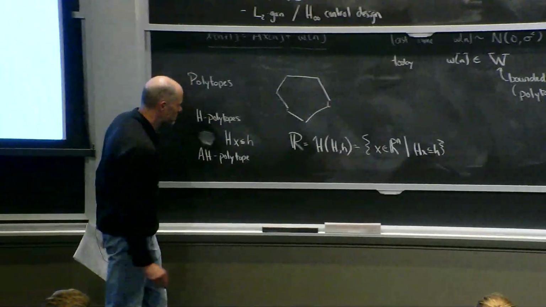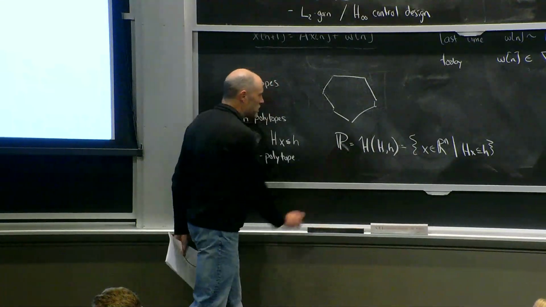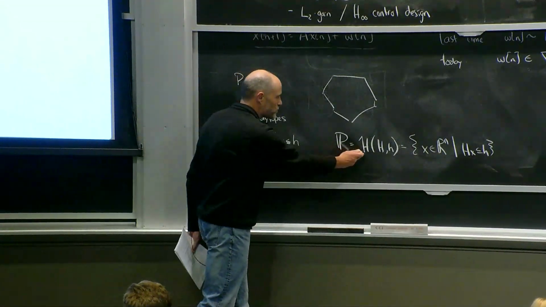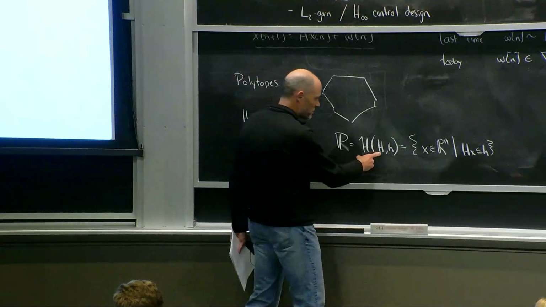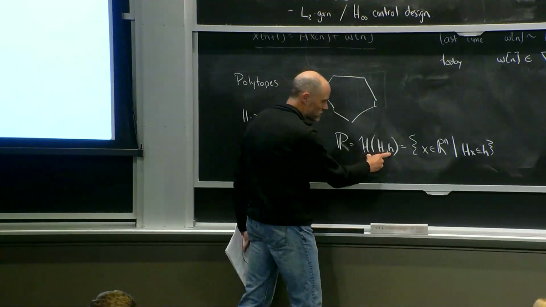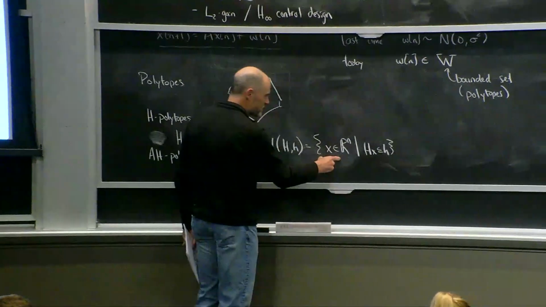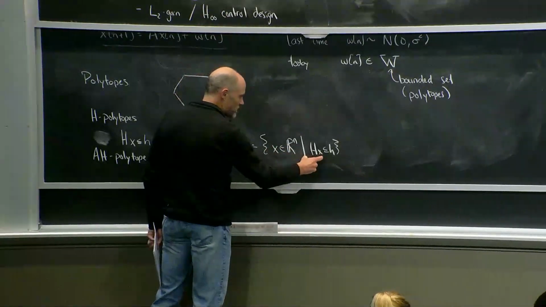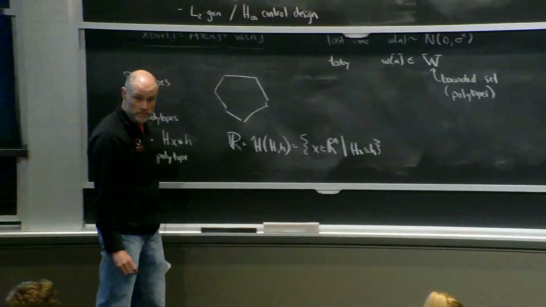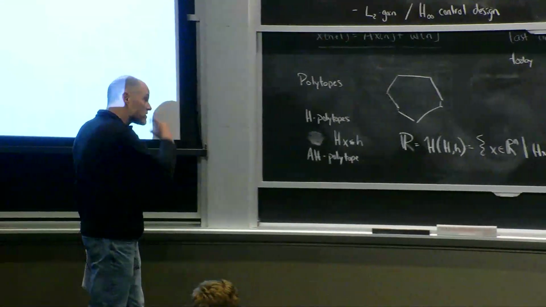So I'll define a polytope P in H representation. It's defined fully by a matrix and a vector, and I mean all x's in R^n such that those inequalities hold.